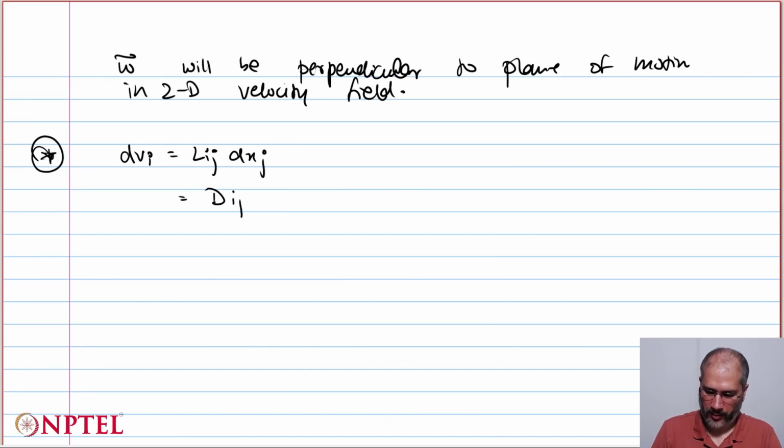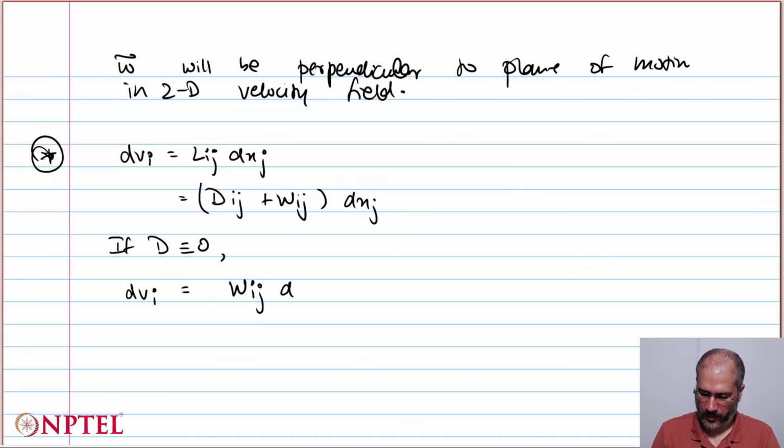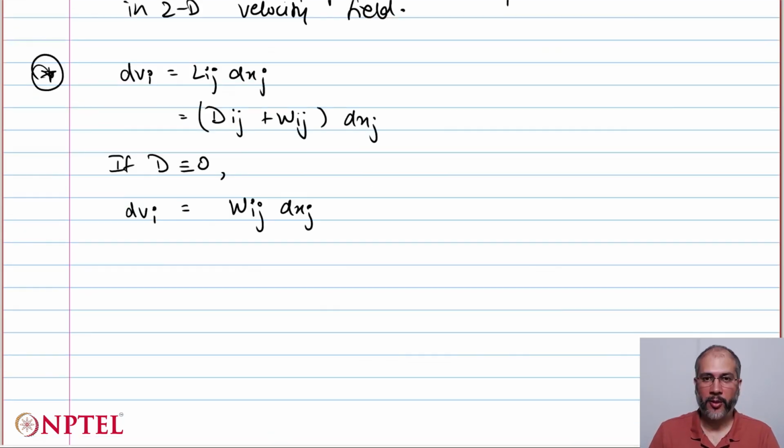So I can write this as (d_ij plus w_ij) times dx_j. And if our d is identically 0 everywhere, I get my dv_i, that's a relative velocity, as purely because of rigid body rotation. Since I know the relationship between this skew symmetric spin tensor and our angular velocity vector, I will substitute that here. So this becomes minus epsilon_ijk omega_k dx_j.